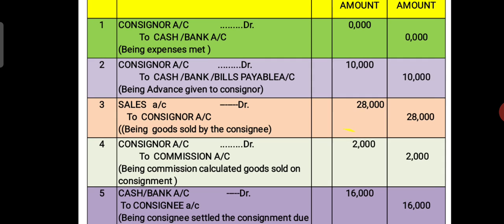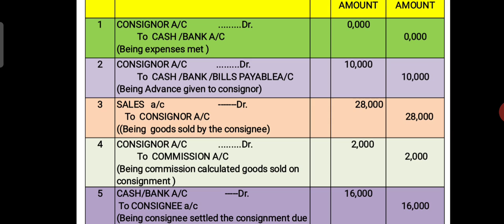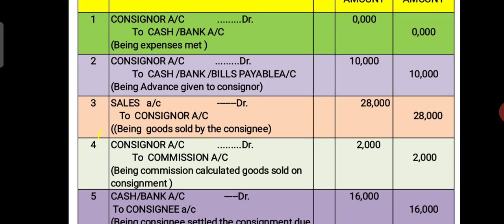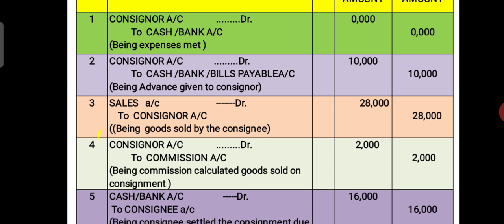So what are they? First one, when expenses are met by the consignee. In this problem there is no expenditure met by the consignee. So then what is that entry? Consignee account debit to cash or bank account, being expenses met by consignee. Here we just write being expenses met.